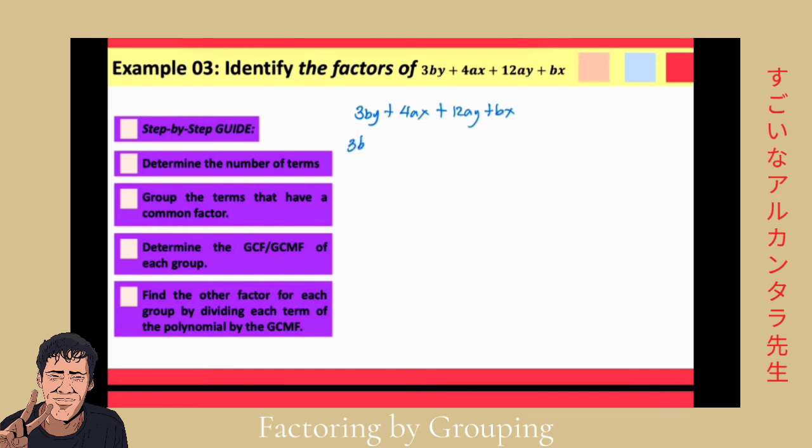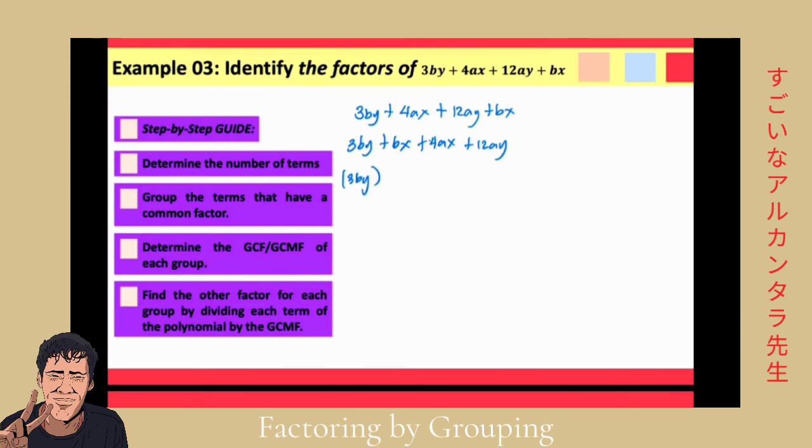So you can have 3by plus bx, then we have plus 4ax plus 12ay. As you can see, the positions might have changed, but we carried the terms the way they're supposed to be. We didn't change anything. So let's group them all together.